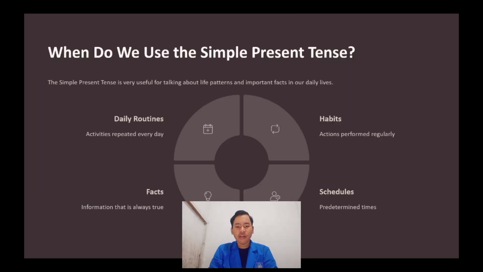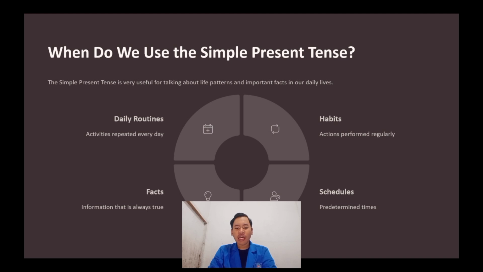Okay, next. When do we use simple present tense? There are several situations when we use the simple present tense. Let me explain the most common ones. Habit or routine, actions we do regularly. Example, I brush my teeth every morning. General truth or fact, things that are always true.